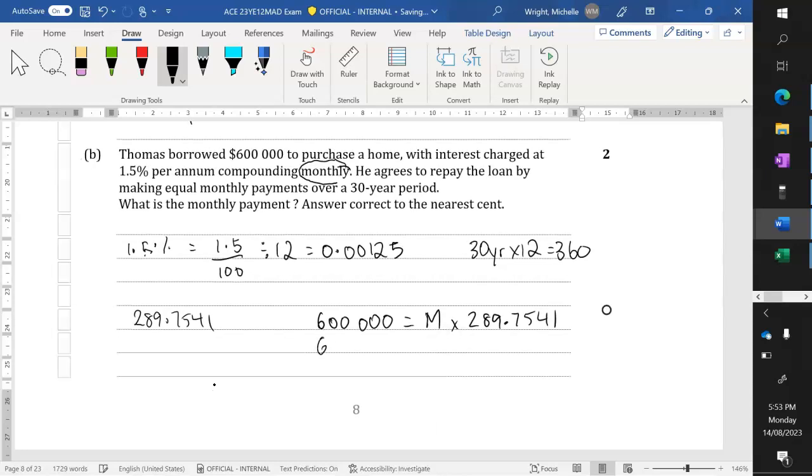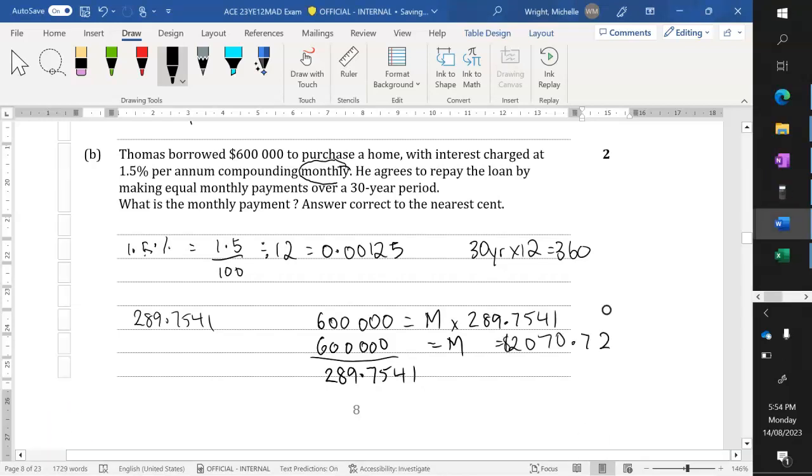So if I just divide my 600,000 by that amount that's on the table, I'm going to end up with my monthly repayment, and that is equal to $2,070.72. That's the quick way of doing it.